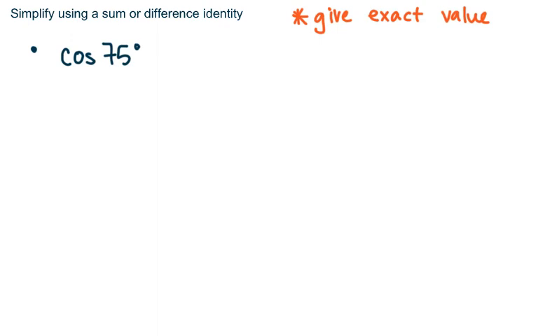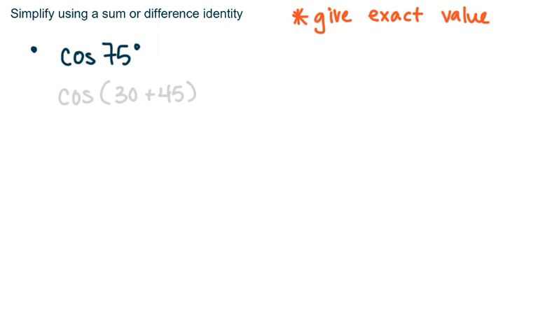Can I write cosine of 75 as a sum or a difference? And sure, you guys are probably all telling me, well, on the unit circle, this is the same as cosine of 30 plus 45. 30 plus 45, that works.